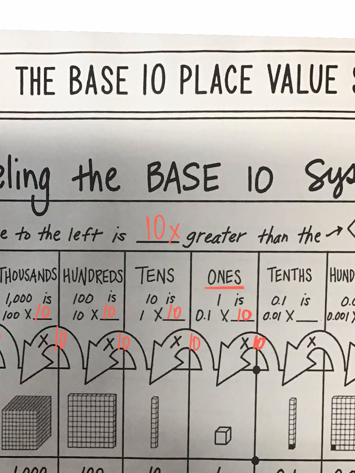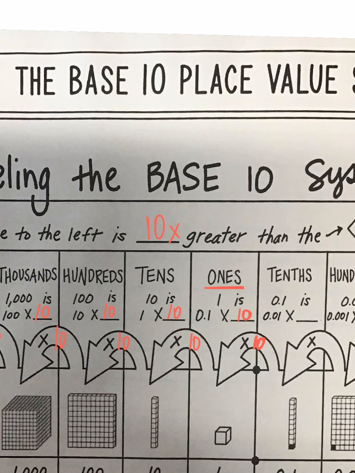Now, let's talk about my decimals for a minute. I know that if I have 1/10 and I multiply it by 10, it takes me to one whole. Well, what if I started right here at the thousandths place, and I have 1,000ths times 10? What's it going to take me to? 1,000th times 10 takes me here to 100th.